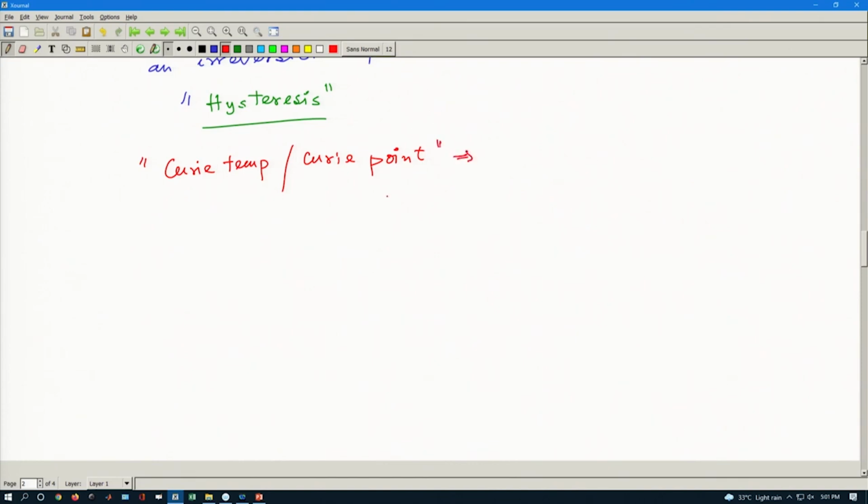A temperature above which, if I heat the material beyond that specific temperature, the ferromagnetic property will be lost. The ferromagnetic material becomes a paramagnetic material.